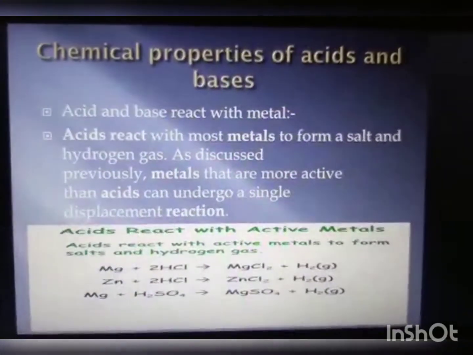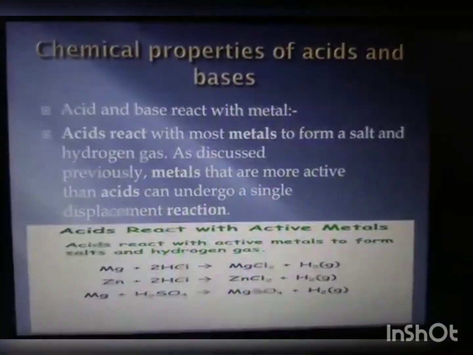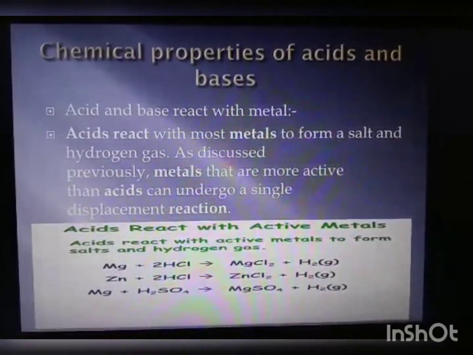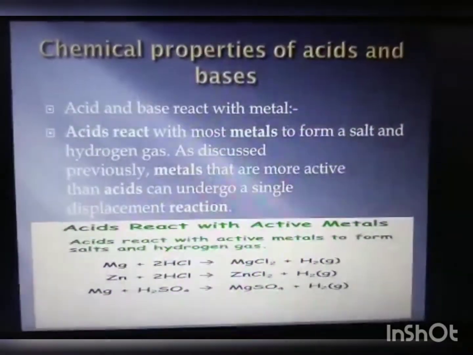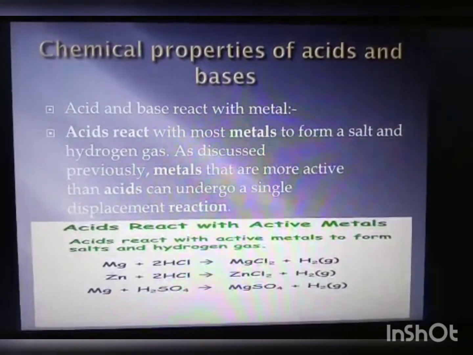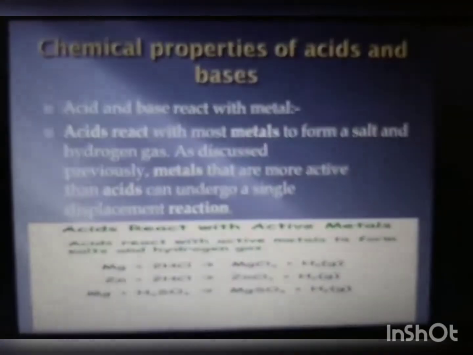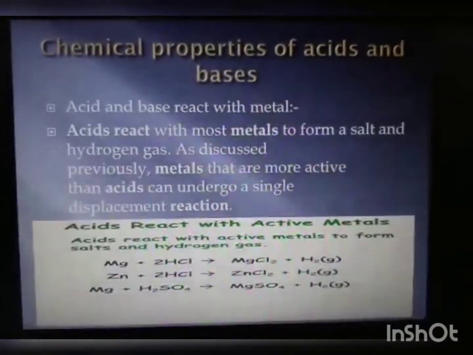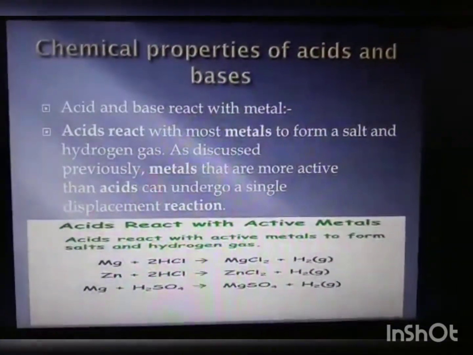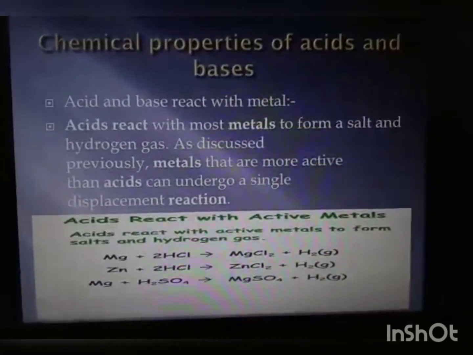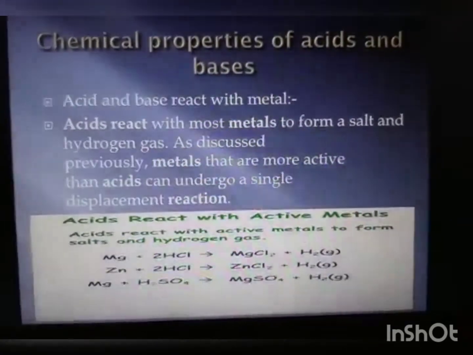Mg, magnesium, when it reacts with hydrochloric acid, that is HCl, it gives magnesium chloride. The formula of magnesium chloride is MgCl2 and the liberation of dihydrogen gas will be there. Next is Zn. Zn, it's metal. It reacts with an acid. Which acid will it react with? That is HCl or hydrochloric acid.